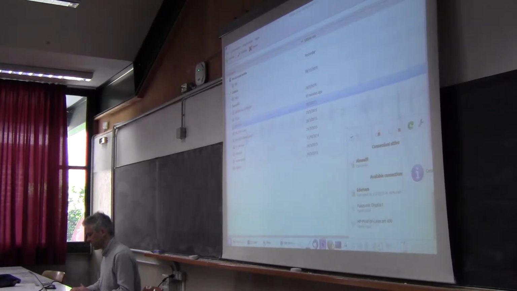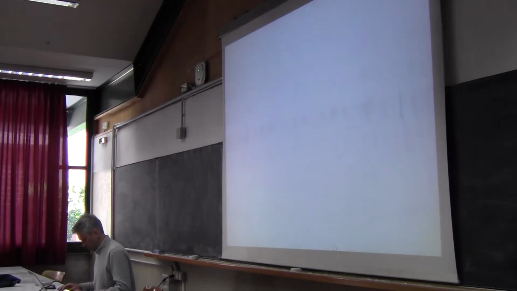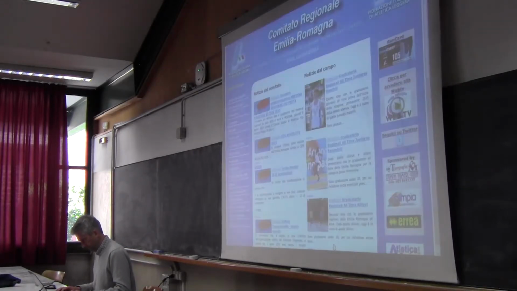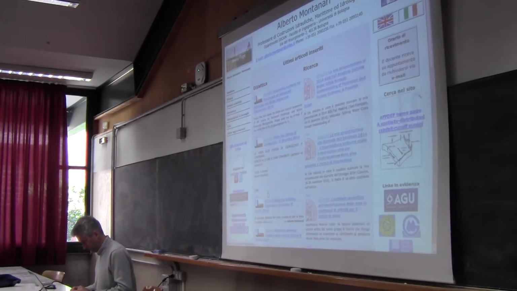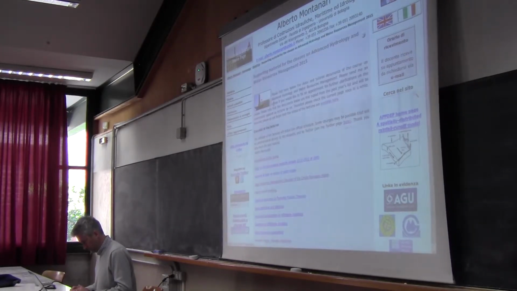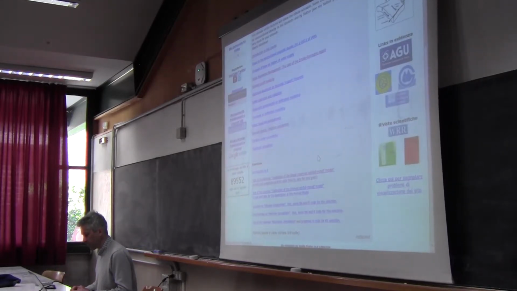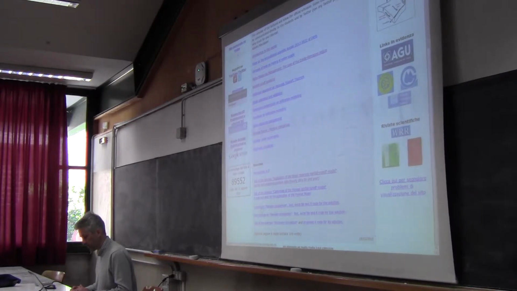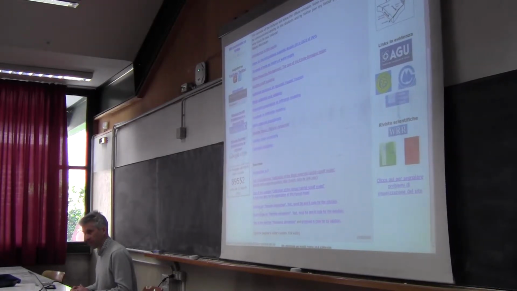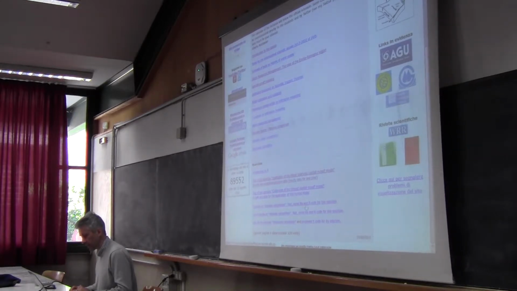Okay, perfect. It was a password problem. So let me show you where. Okay, this is the page. You can find it here: Exercise on pairwise comparison. It's a zip file where you can find the text, the Excel file, and the R code.